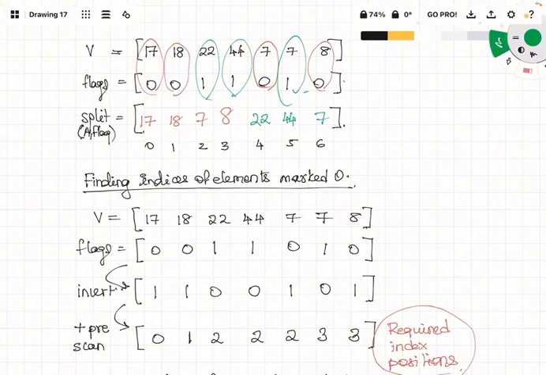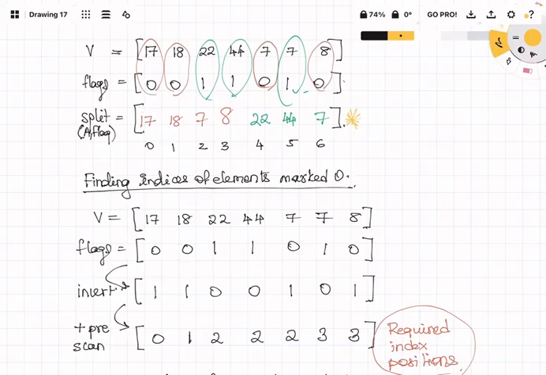So remember, when performing the split operation, essentially what we want to do is to determine for each of the elements marked 0 to which position in the answer array, which I'm marking with a yellow vector, that particular element should move.